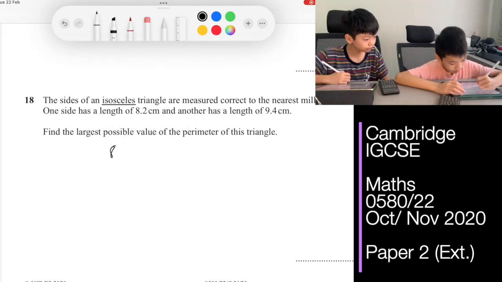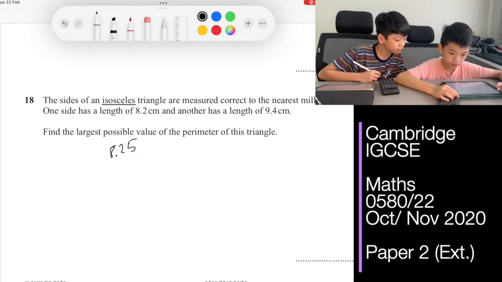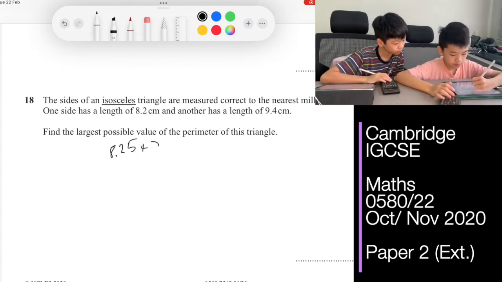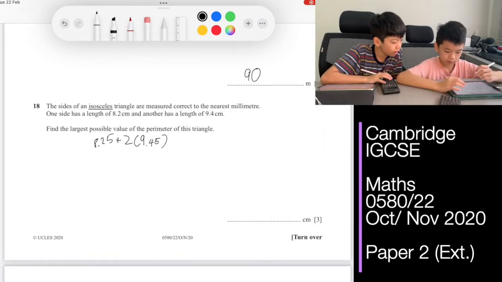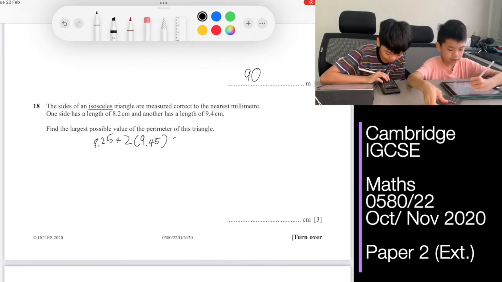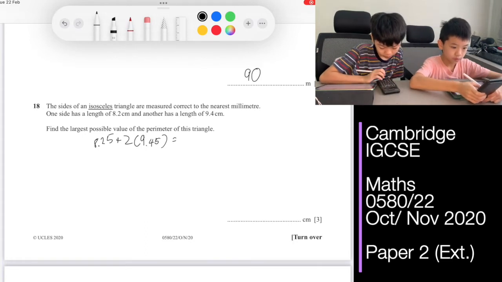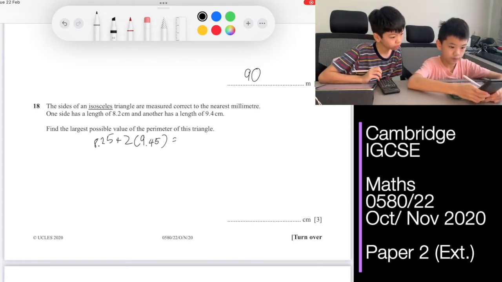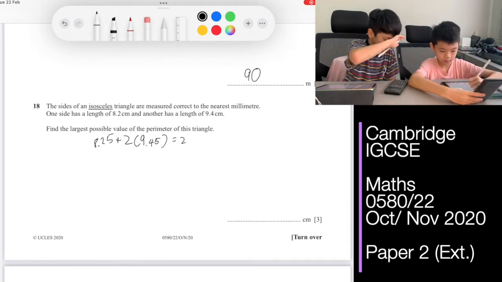So that would be 8.25 plus 2 times 9.45, which is 27.15.